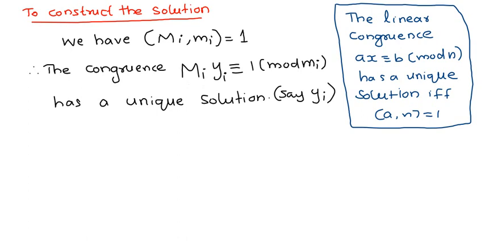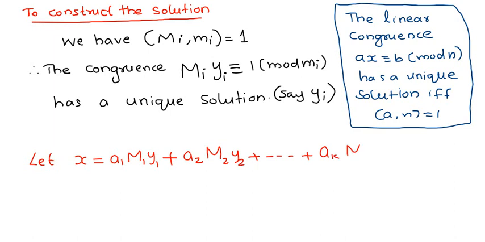Now let x equal a1 M1 y1 plus a2 M2 y2 plus etc. plus ak Mk yk. Next, we show that this x is a solution of the given system.